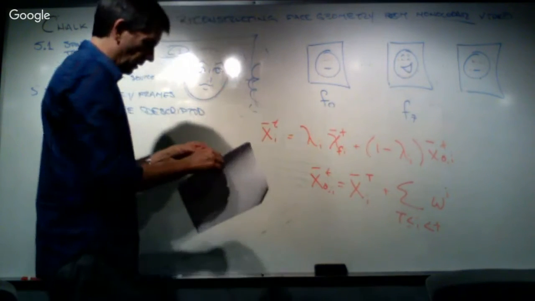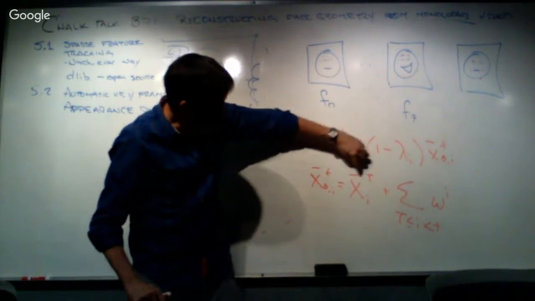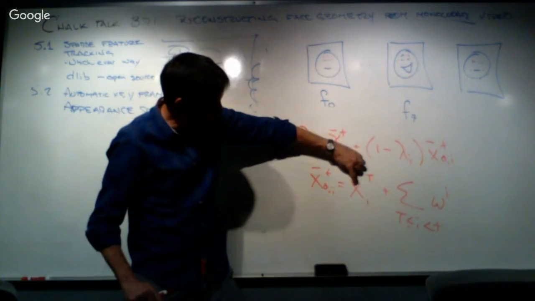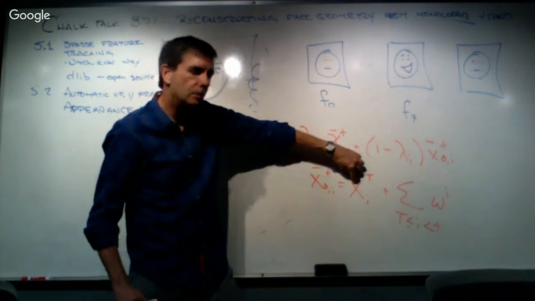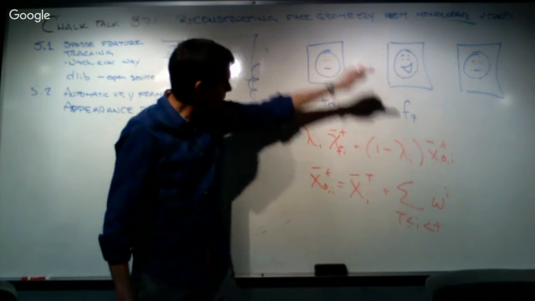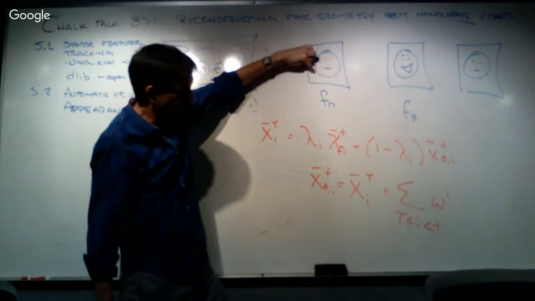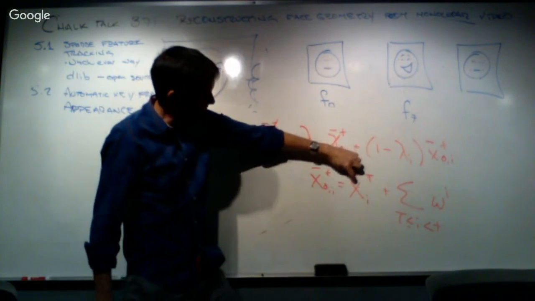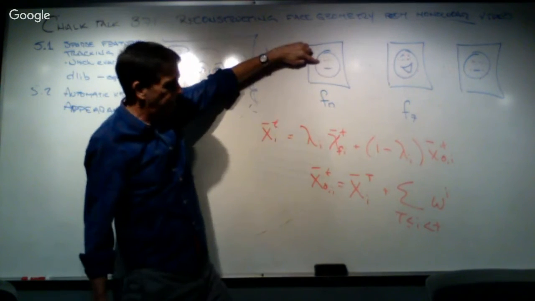Right, we're going to go through this. This is the location of the feature on the nearest neutral pose, which we assume is pretty good. So say this is F7, and the nearest neutral frame is F0. This is the location of the corner of the eye on this frame.